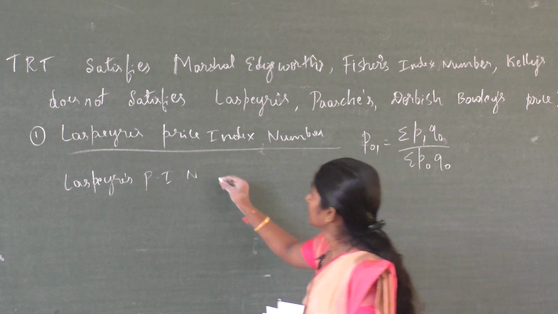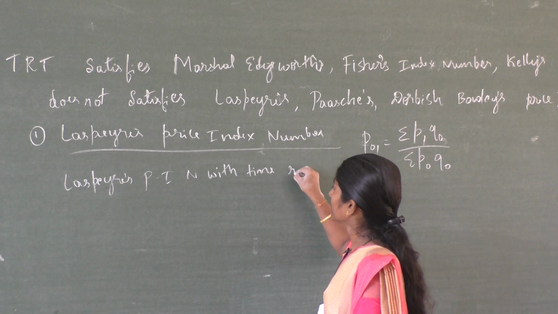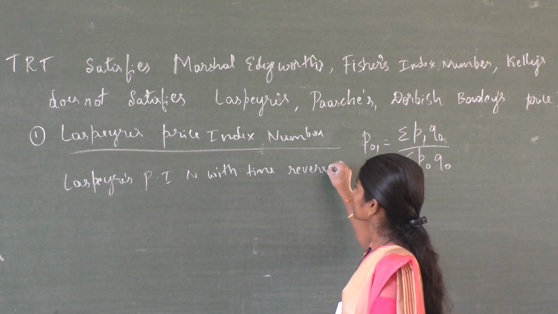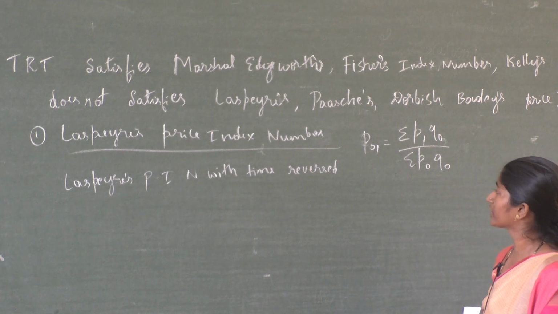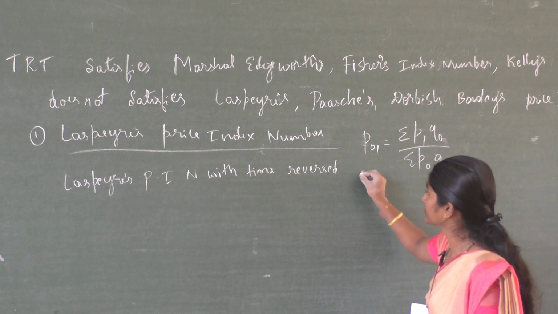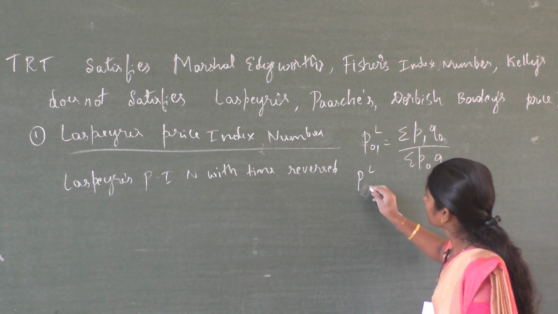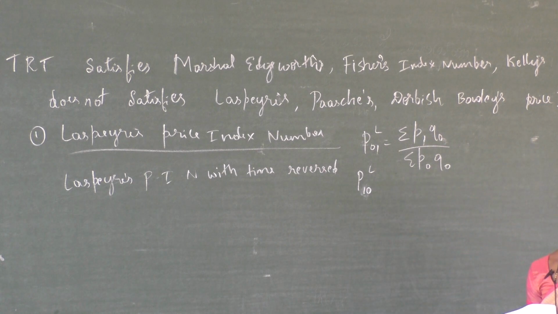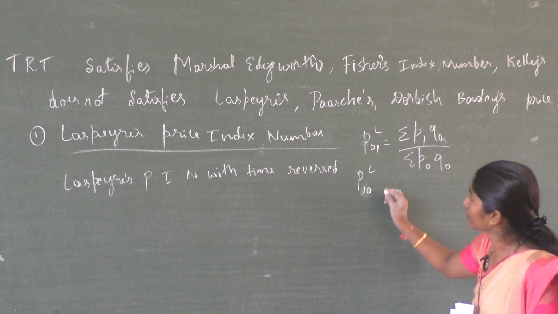Now Laspeyres' price index number with the time reversed. With the time reversed, that means we are interchanging 0 and 1. That time, instead of P01 of Laspeyres' we write P10.